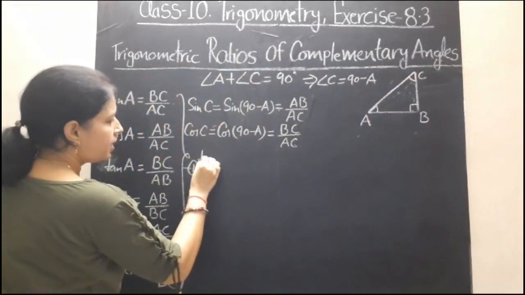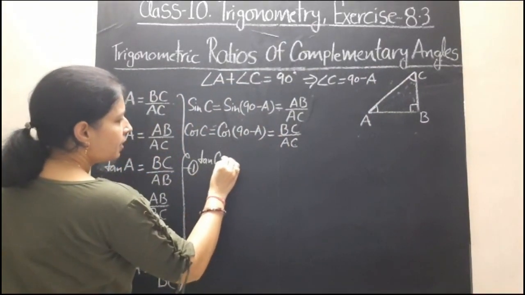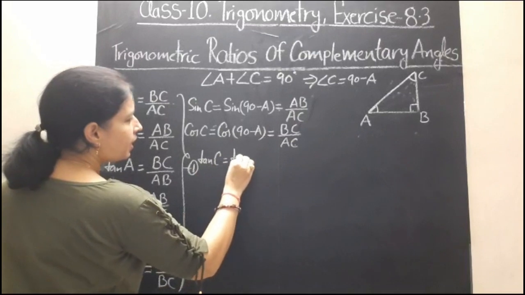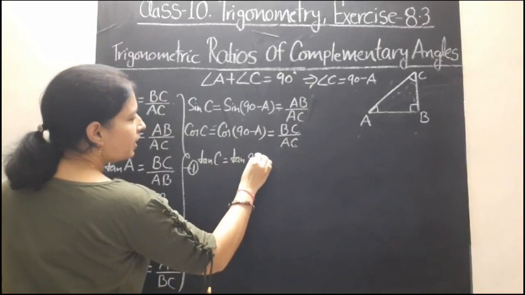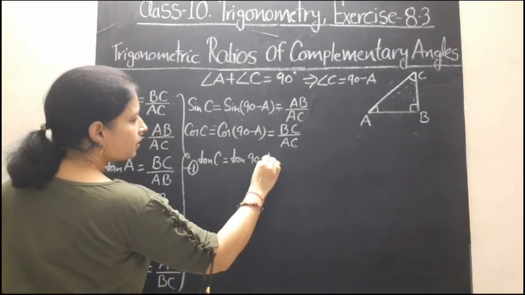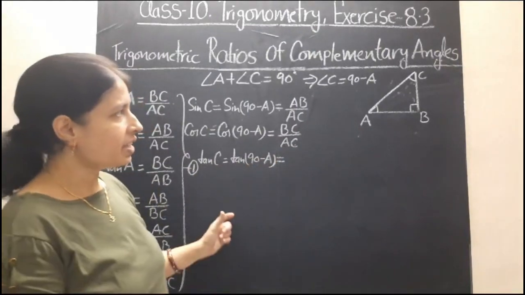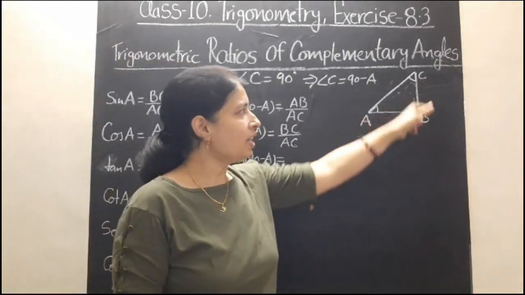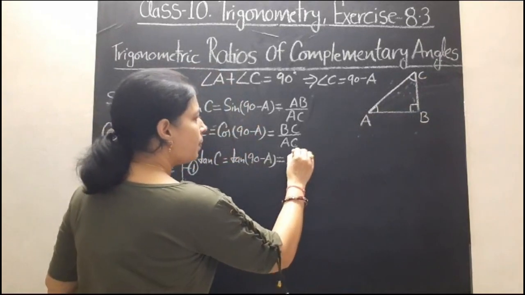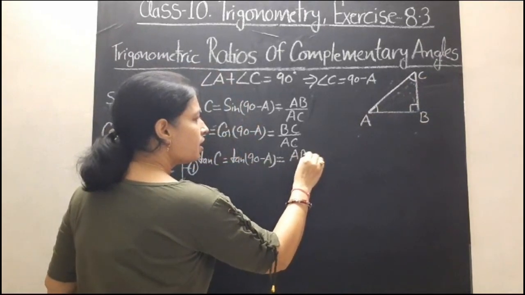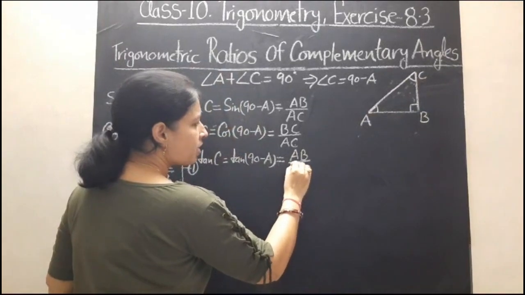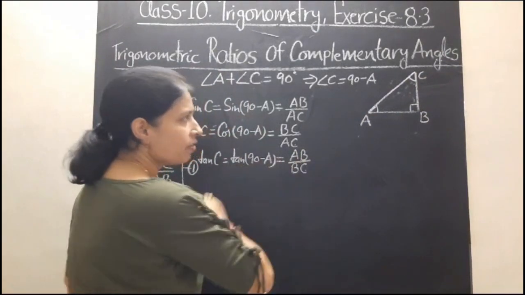Then tan C is equal to tan 90 minus A. So tan 90 minus A will be AB by BC, perpendicular distance divided by base. Base is BC here.